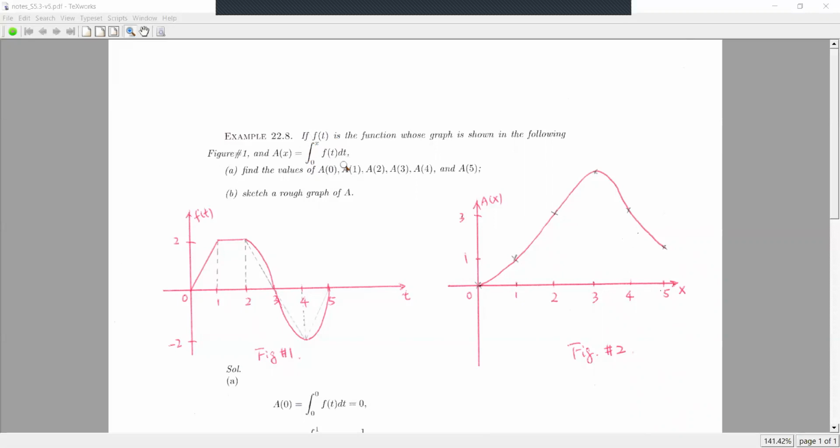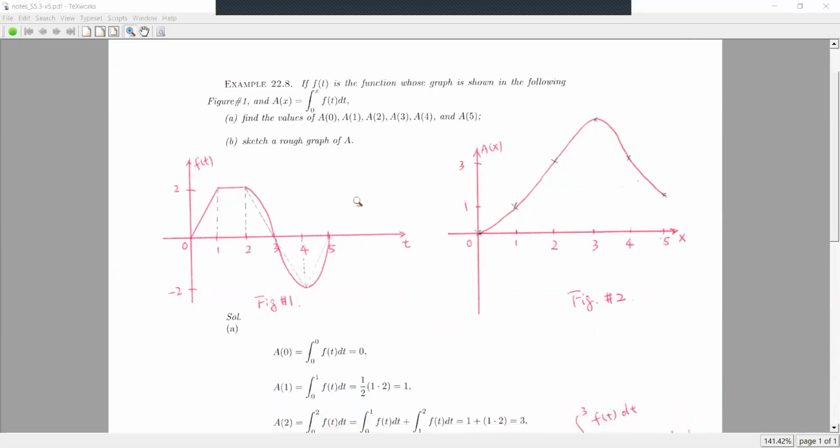This is the net area of the region between 0 and x and between the graph of f and the t axis. x is a variable. Now, two questions. Question A: find the values of the function A when x is 0, 1, 2, 3, 4, and 5, respectively. Question B: based on question A, sketch a rough graph of the function A.